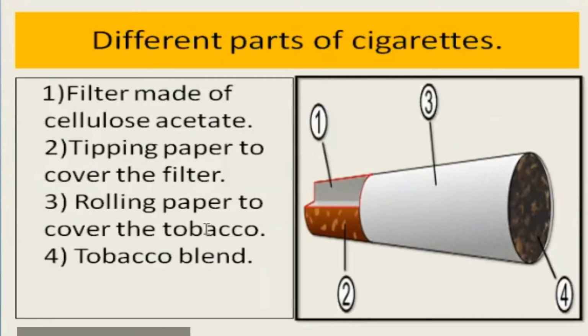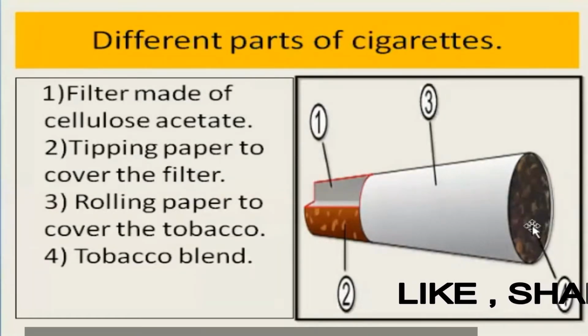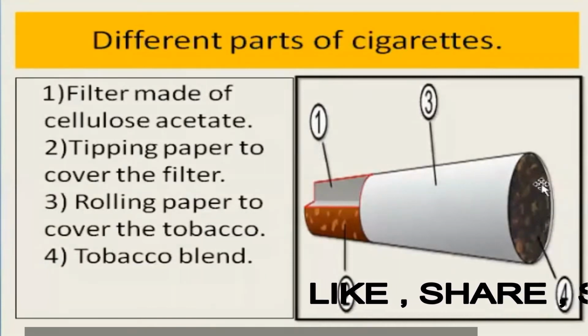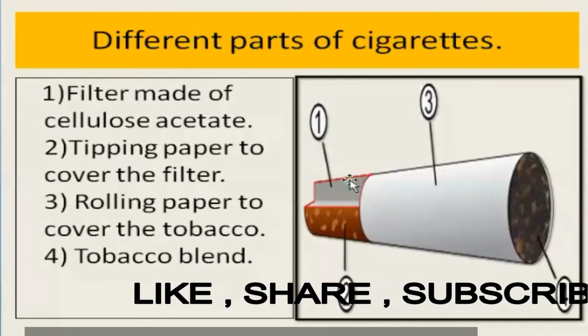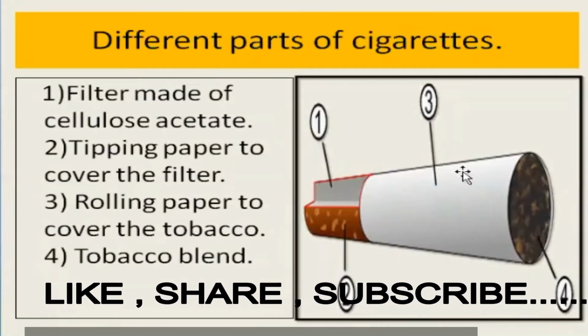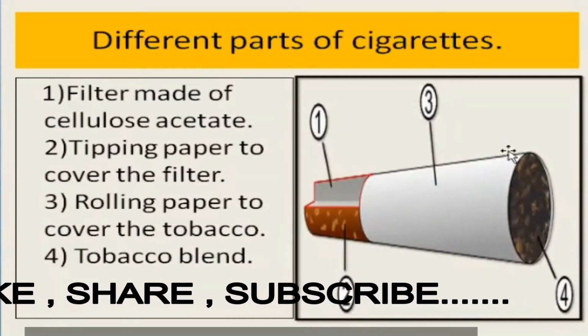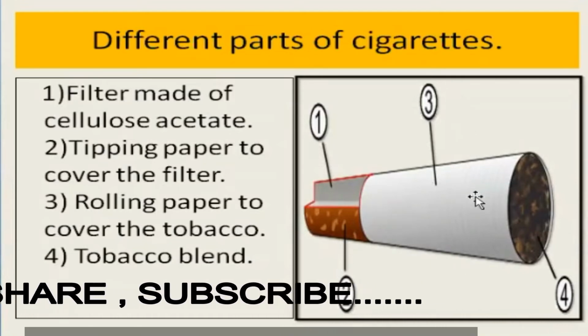And the last one in the list is known as your tobacco blend. You can see the tobacco over here. This part is tobacco. That is the reason the entire product is known as a tobacco product. So these are the major 4 parts of your cigarette.